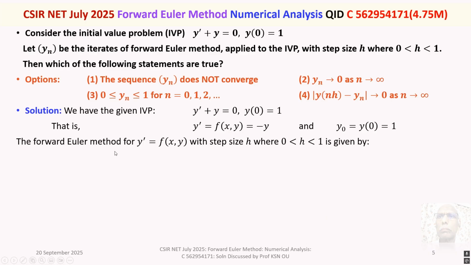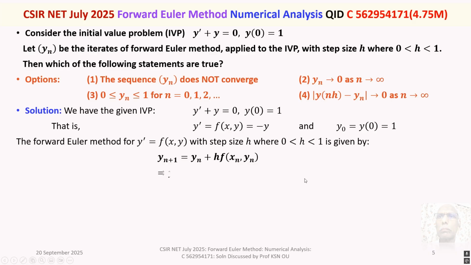the Forward Euler method for the first order differential equation y prime is equal to f of x comma y with the step size h, where 0 less than h less than 1, is given by y n plus 1 is equal to y n plus h times f of xn comma yn.